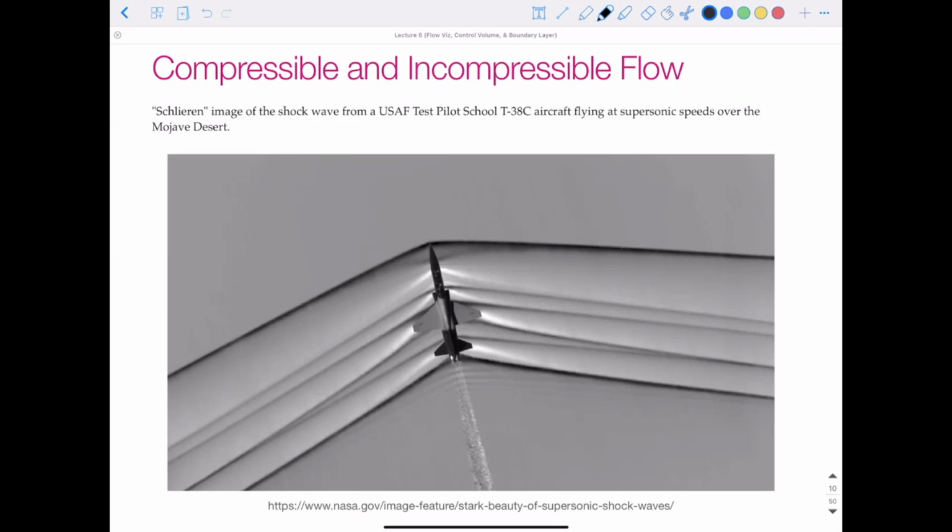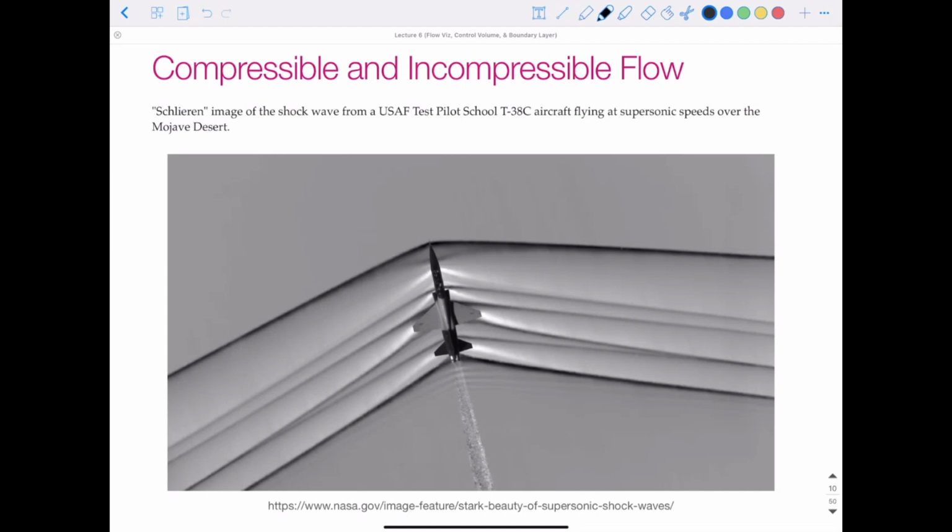How this works is it takes the refractive index of the air, which changes depending on the density of the air, and turns that into a photograph. So we can actually see the lines where we have different fluid densities, and visually see where the flow is incompressible or compressible, and the degree of compression or change in density of the fluid as it's flowing.